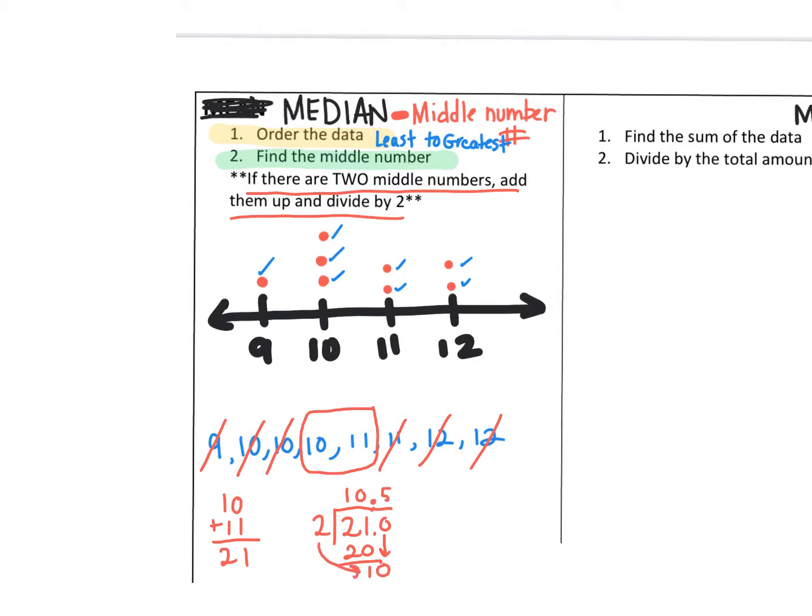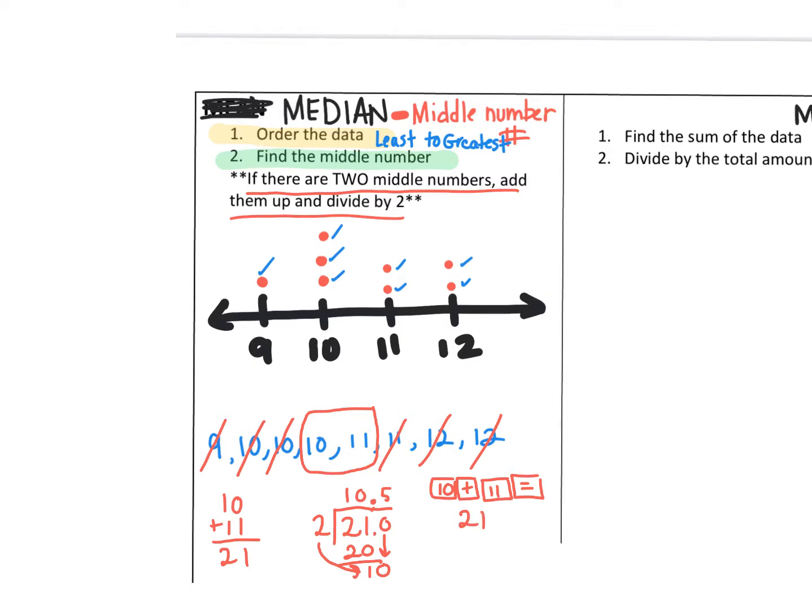You're probably like, Miss Hernandez, I don't want to do all that work. Okay. If you don't want to do that, I want you to open up your calculator on your Google Chromebook, and I want you to type in 10 plus 11. Then I want you to hit equals. You'll end up with 21.